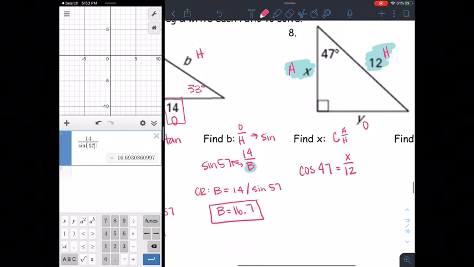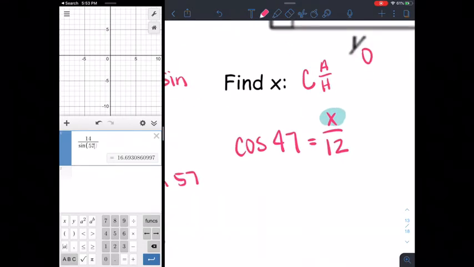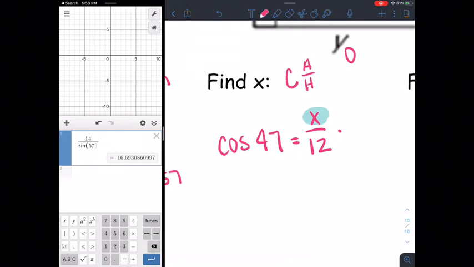So take a look at this one where your variable is. Now my variable is in the numerator. So the way that I plug this into the calculator is going to change. Rather than dividing by my 12 or dividing by cosine 47, think of it algebraically. If I want to get rid of this 12, I multiply both sides by 12.